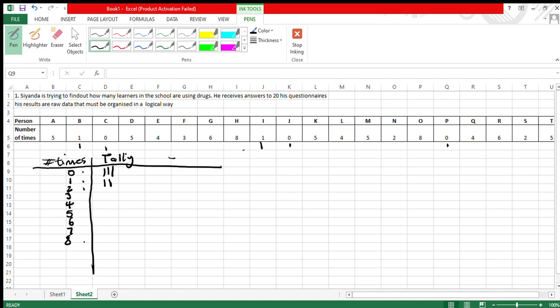Then the number of 2s that we have in our data. Okay, there is a 2. Let's put it on our tally. Then here you have a second 2. Do you have any other 2?